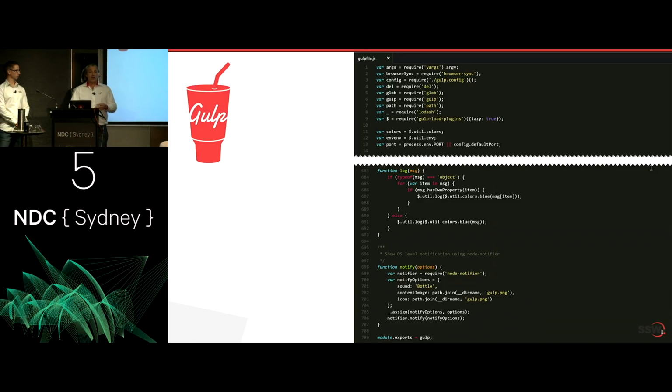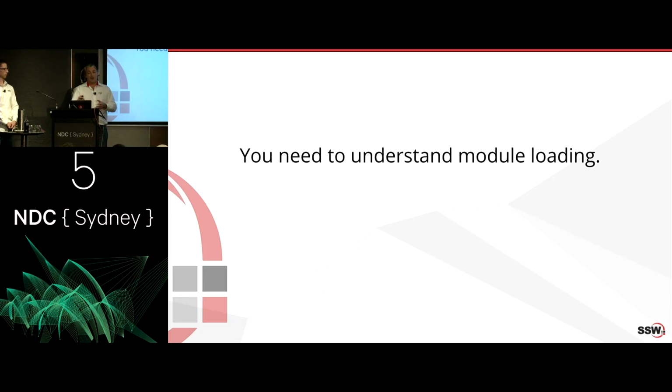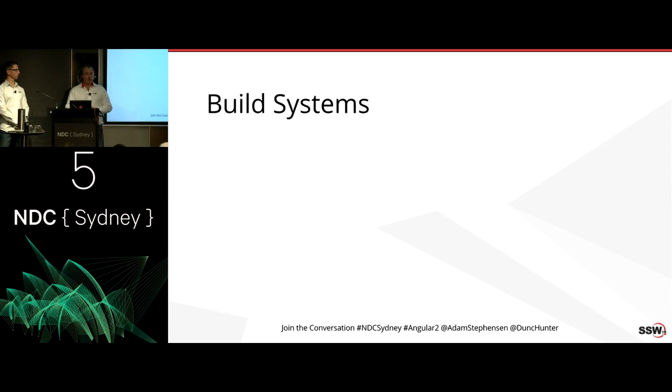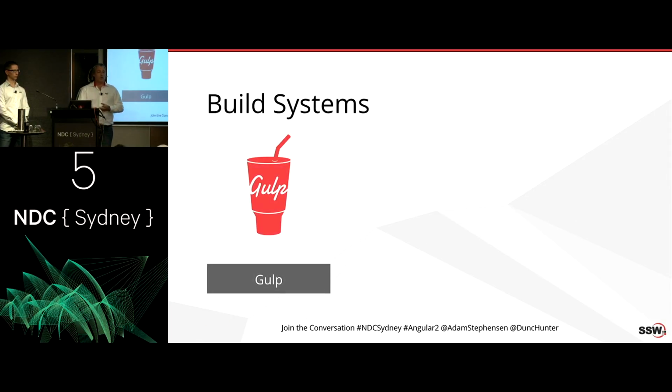Angular.min.js is going to import 5 modules, and each of those 5 modules might import another 10 modules. So you can use a gulp file and use the system.js builder, but you need to understand module loading, and your build process needs a module bundler. So you can go along and you can get it working using gulp, but it's a lot of manual work.